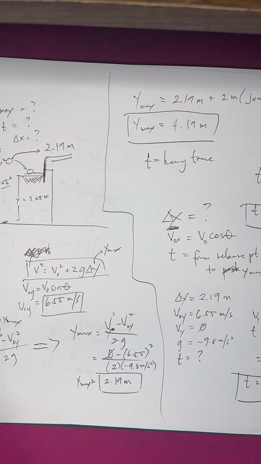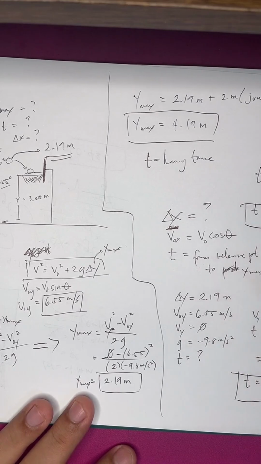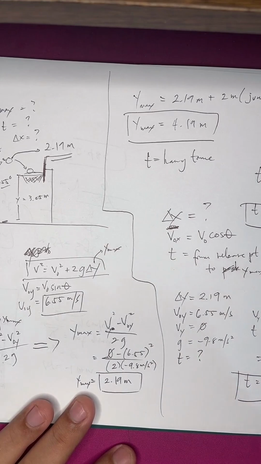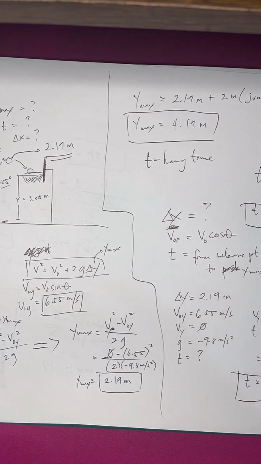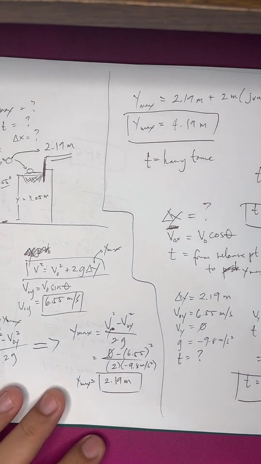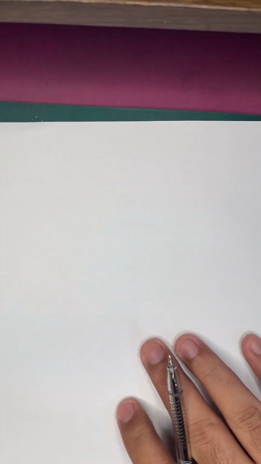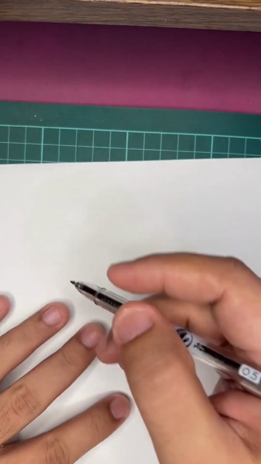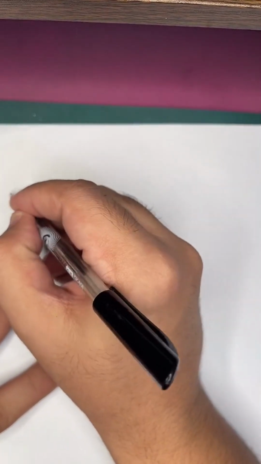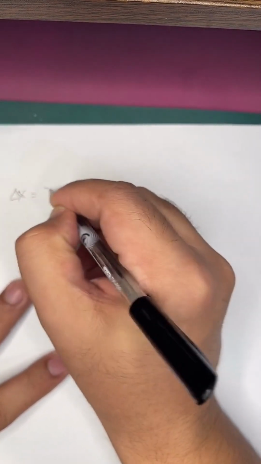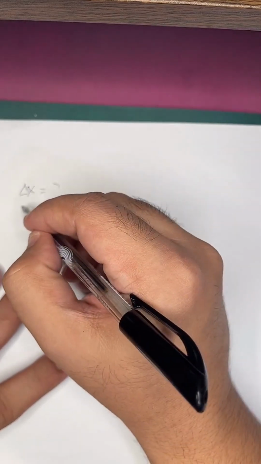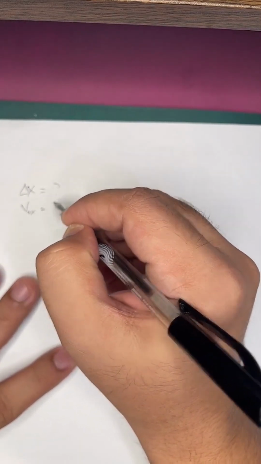The motion of this object changes as time goes by. So we must take note of what is happening with the object. For example, there was a change in the direction in the vertical motion, right? Because from the peak, it would stop climbing and begin descending. Going back to what I was saying, we were in the middle of calculating the range. So again, delta x, we don't know yet. V naught x equals, let's just calculate that.